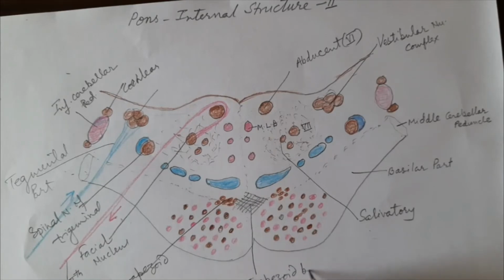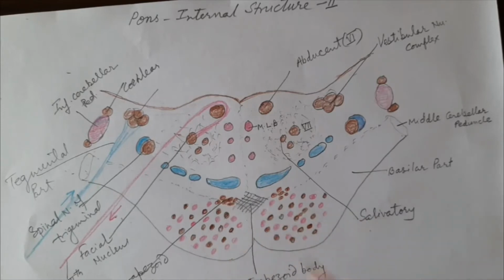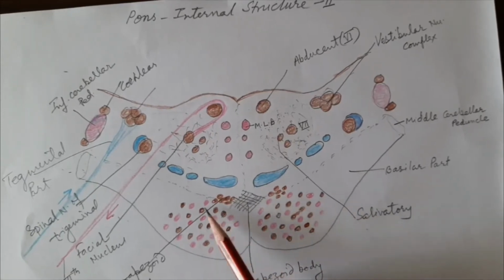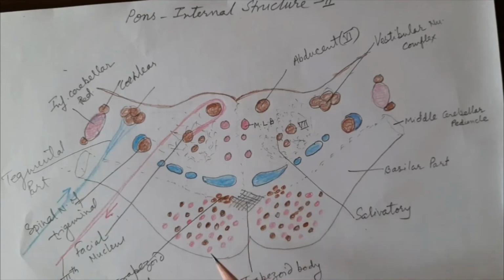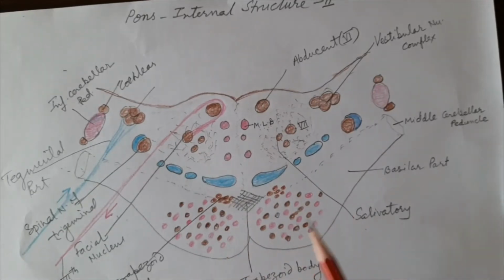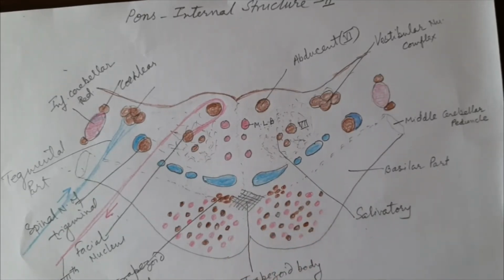It is called the trapezoid body. Thus the nucleus and trapezoid body are in the tegmentum, but at the junction of the tegmentum and the basilar part.